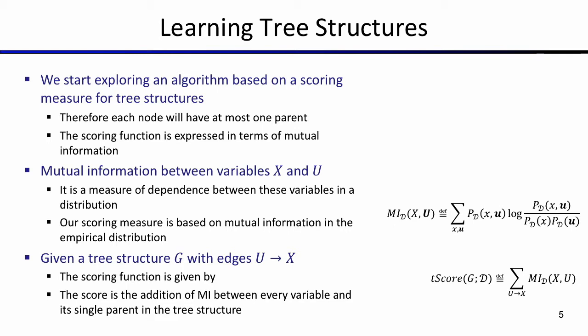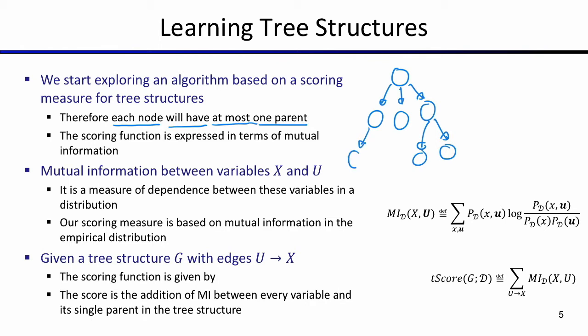And what I mean by a tree structure is that each node will have at most one parent, right? So if we think about what we consider a tree, it's going to be something like this, right? So it's going to be a graph, and we can have nodes here and nodes there. We can have more nodes here, and so on.